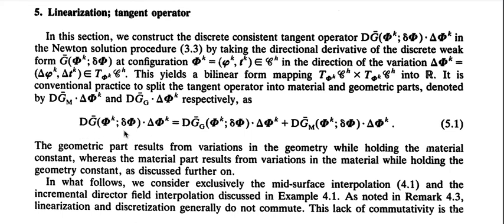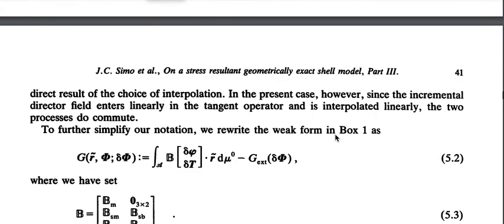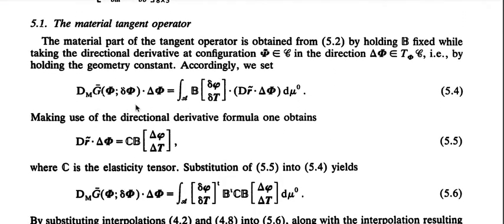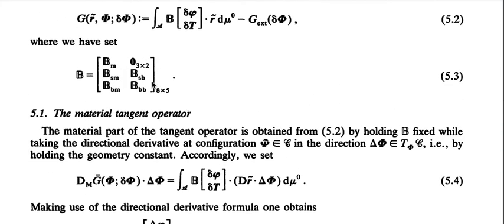Its first variation equal to 0 we have to solve. That first variation is nothing but the directional derivative of G along this delta phi, plus G, is equal to 0. That is the equation we have to solve. The directional derivative term we write over here as this. So this is now broken down into these two parts, and let us look individually at both of these contributions. First, the material tangent operator.